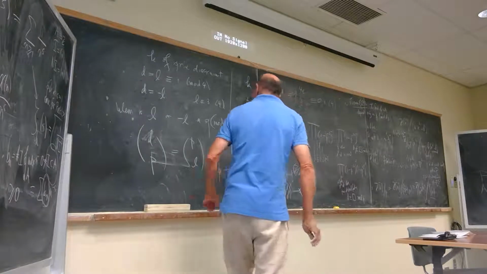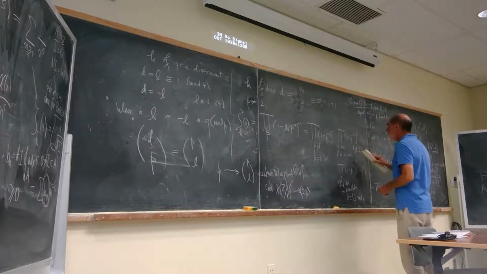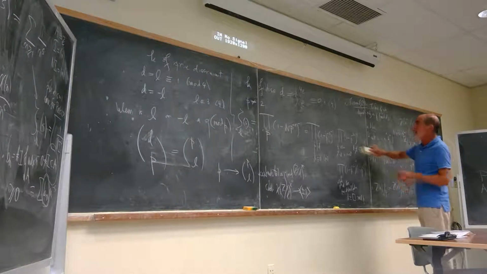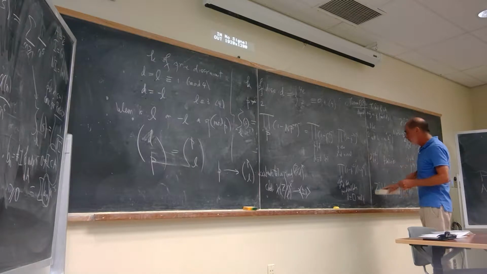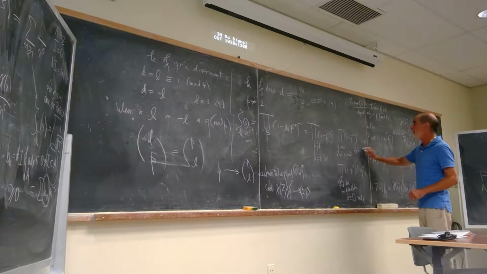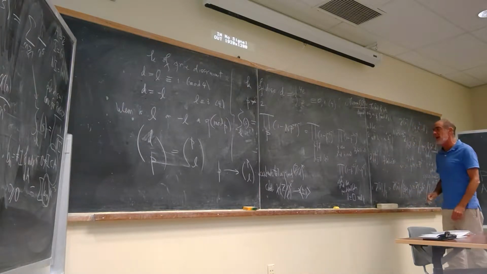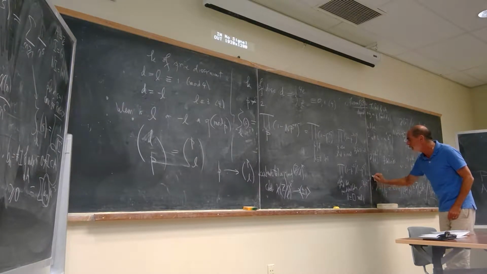So in other words, this condition that D is not a square mod P, in the case at least where the discriminant is a prime, is the condition that chi L of P is equal to minus 1, that P is not a square mod L. And this is the condition that chi L of P is equal to plus 1.